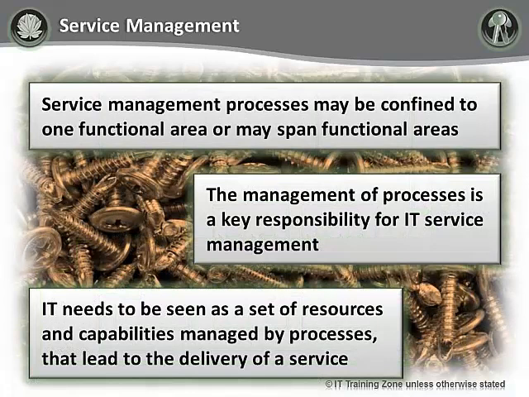The processes used within service management may be confined to one functional area or may span functional areas. The management of processes is a key responsibility for IT service management.